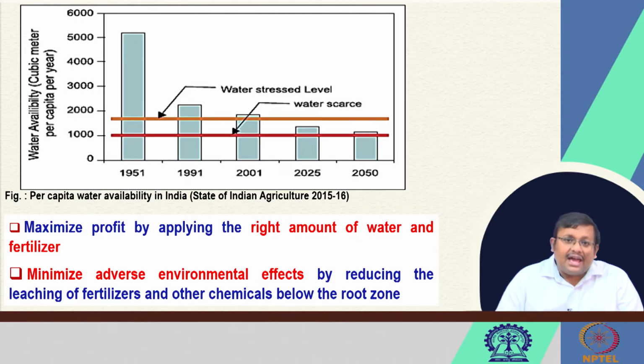So, if we apply this fertilizer at a judicious rate according to the crop physiological demand through fertigation, we can reduce the fertilizer application, and also we can ensure that there will be no leaching of fertilizer materials. So, these are some of the impacts of fertigation.